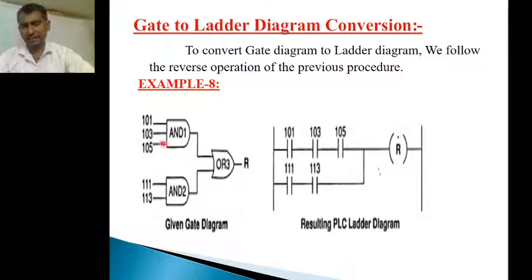Those 3 are connected to the AND gate, so those 3 must be represented in series. 101, 103, 105 are connected in series. And the second combination is 111 and 113 connected to another AND gate. So these are connected in series, and those two combinations are connected in parallel. Why? Because here we represent the OR gate.